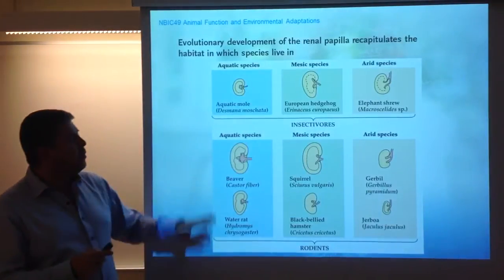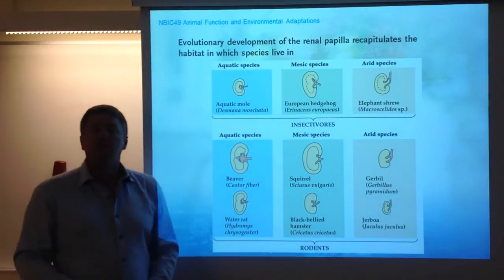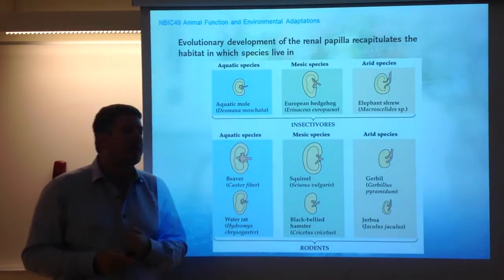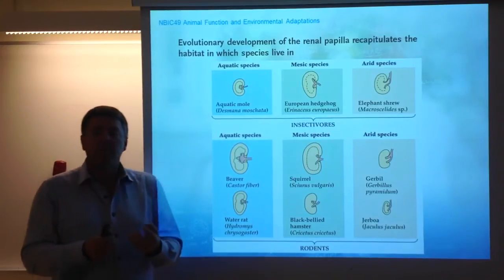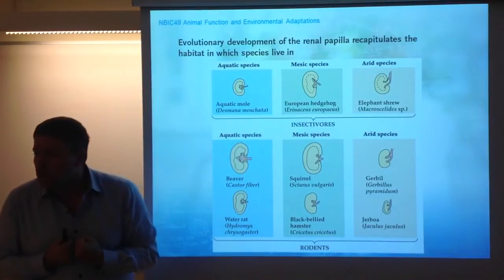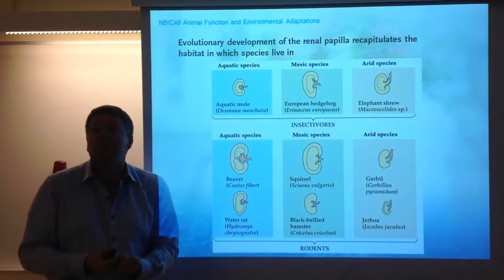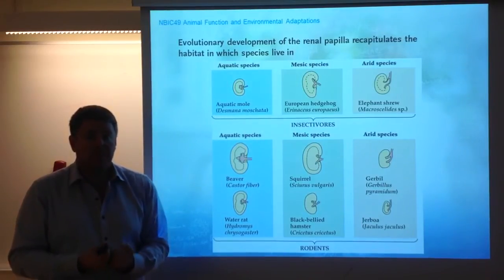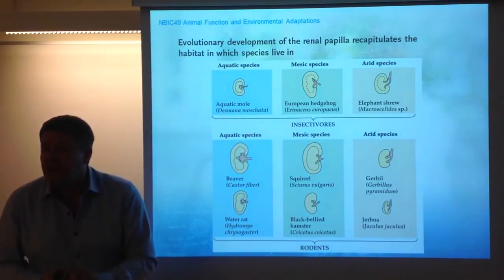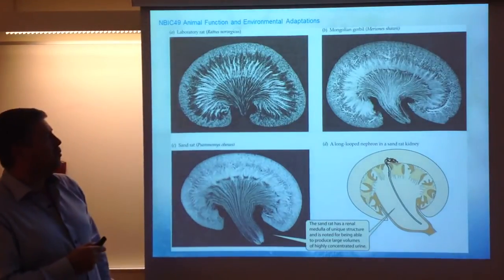And that's basically what you see in these arid species. The potential for having much higher urine concentrations. The potential for reabsorbing much more water in the collecting duct. Finally, the potential for eliminating less water. And that's what a desert animal needs, to minimize the elimination of water.